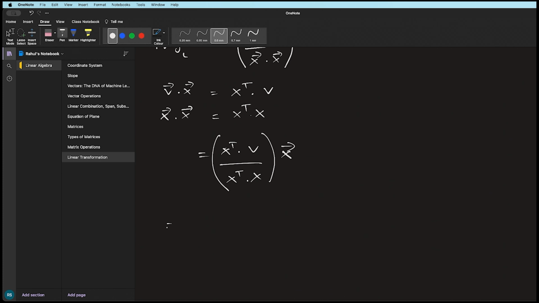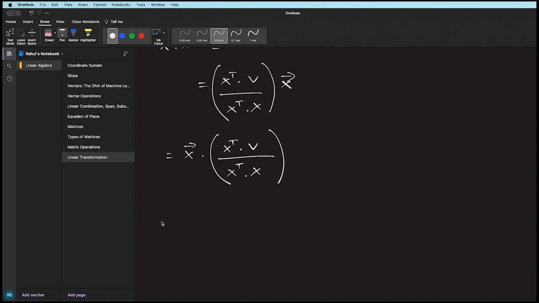I can put this vector x in front, so this will be vector x dot x transpose dot v upon x transpose dot x.